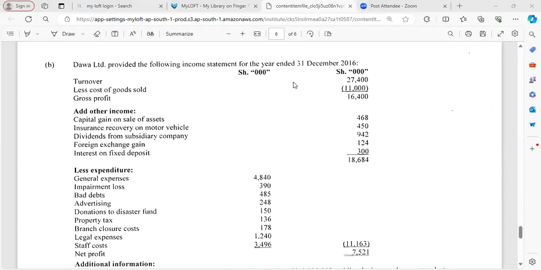Dawa Limited provided the following income statement for the year ended 31st December 2016. Turnover.